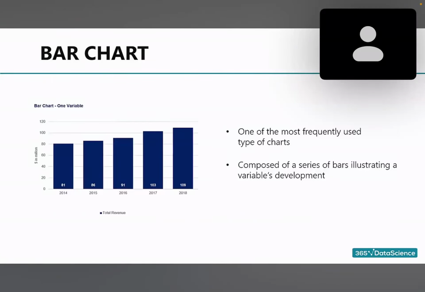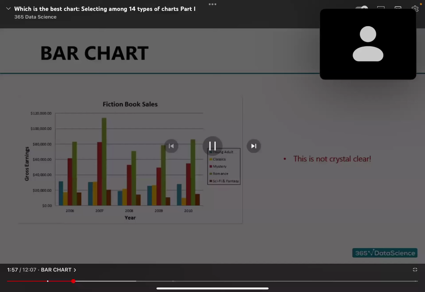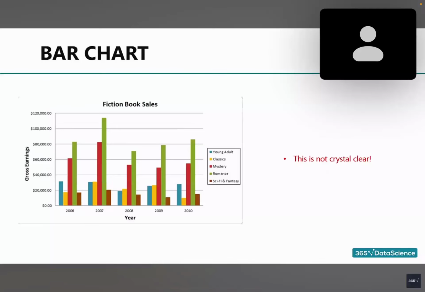However, please be aware that bar charts can be confusing too, especially if one uses them to compare several variables. I personally believe that a comparison of more than two variables with a clustered bar chart becomes too cluttered. Here is an example of a clustered bar chart that is not exactly crystal clear.